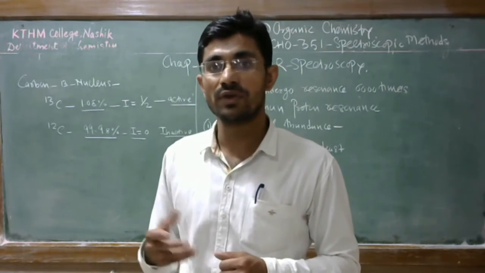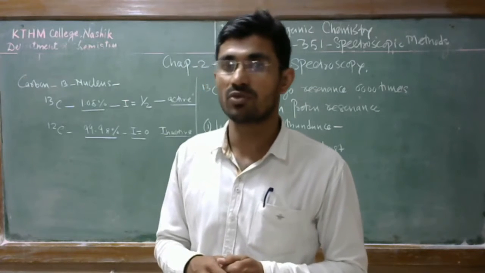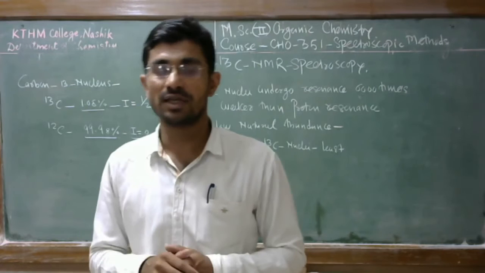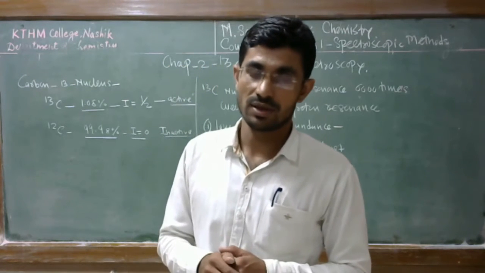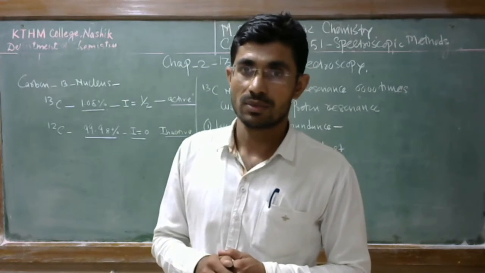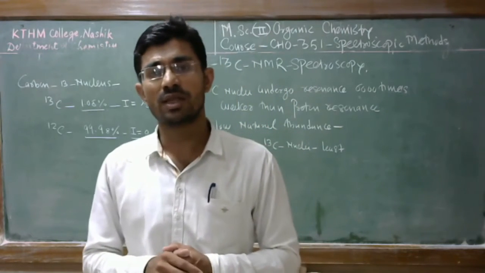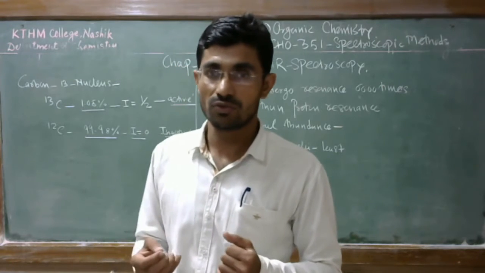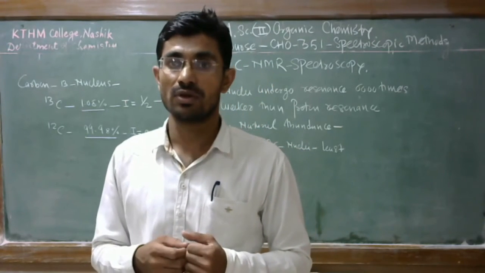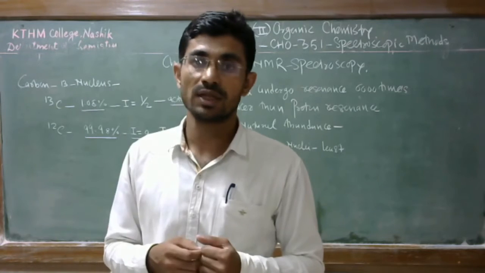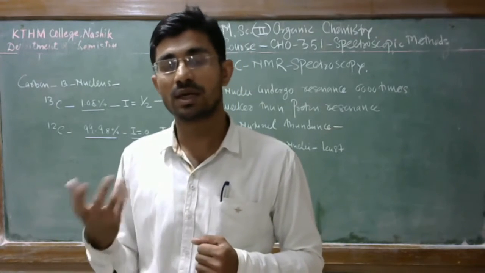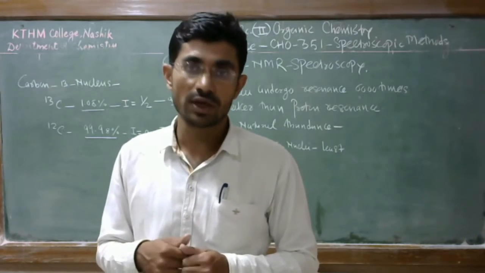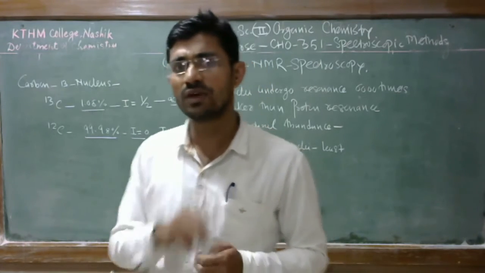This means we get very weak signals, about 6000 times weaker than proton NMR. So this is the first reason, the natural abundance. Low natural abundance means that in the molecule whose 13C NMR is recorded, the number of 13C nuclei is less, so obviously we get weak signals.